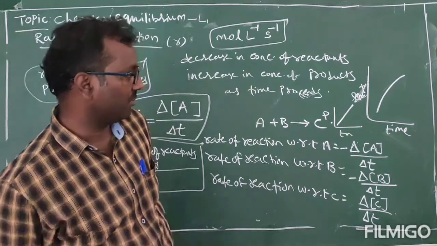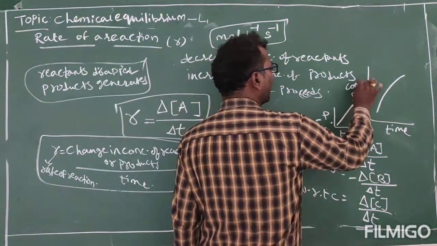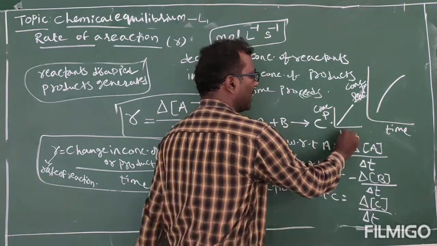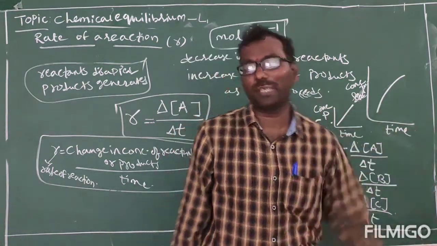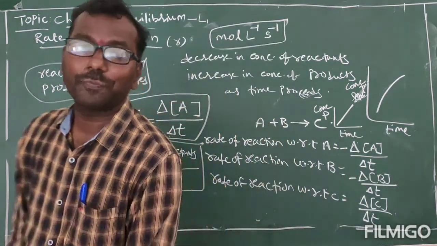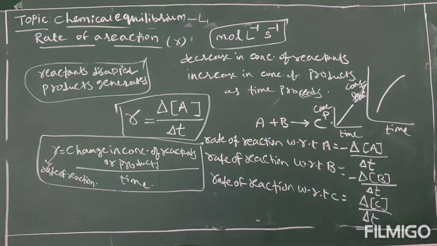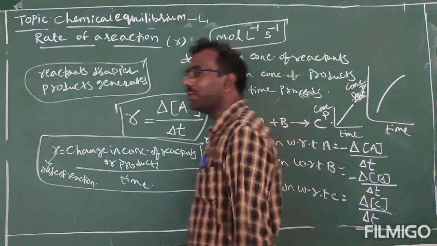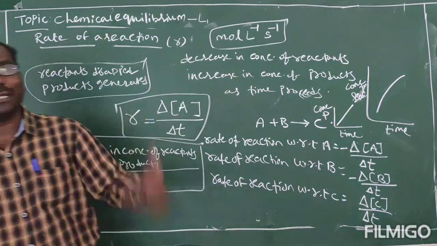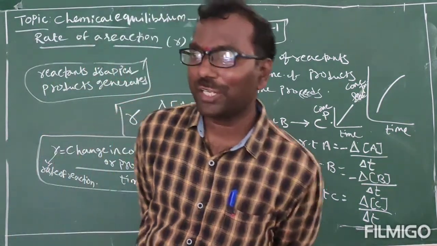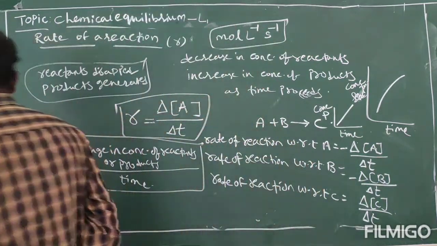The concentration of the reactant versus time, the concentration of the product versus time: this is the graphical representation. Anyhow, we will be discussing all this in the coming videos. So in this video, I have covered what chemical kinetics is, and next, the definition of rate of reaction.